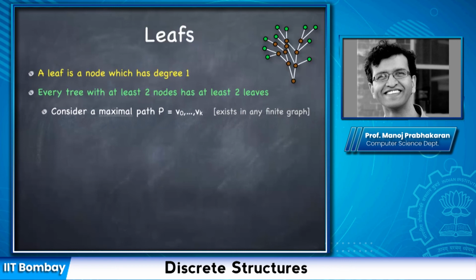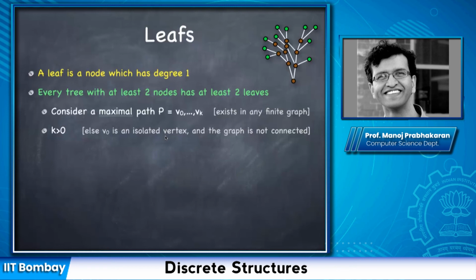So let's pick one such maximal path, v0 to vk. Well, one possibility is that the path has only a single node, so k equals 0. But if k equals 0, what that means is this node v0 is an isolated vertex. It has no neighbors. If it had any neighbor, you could have extended the path by picking it.